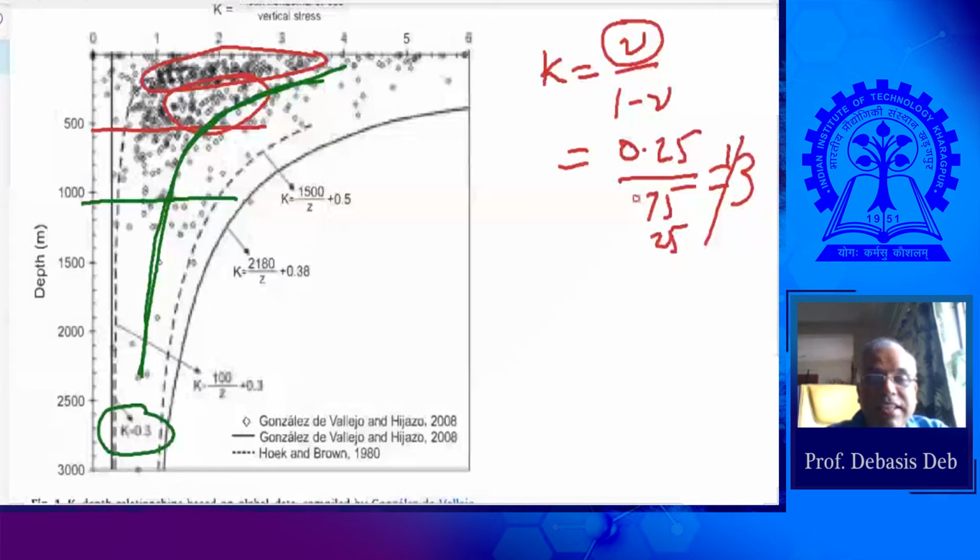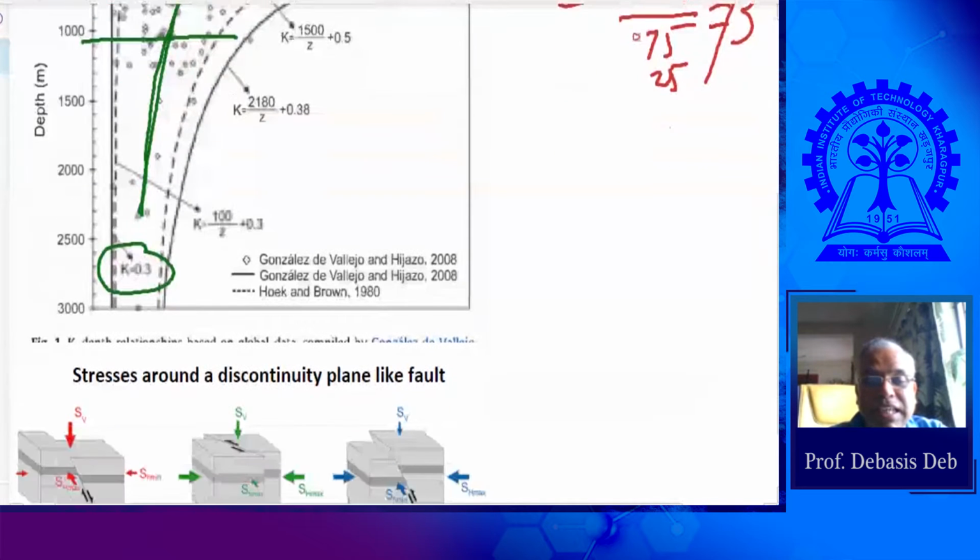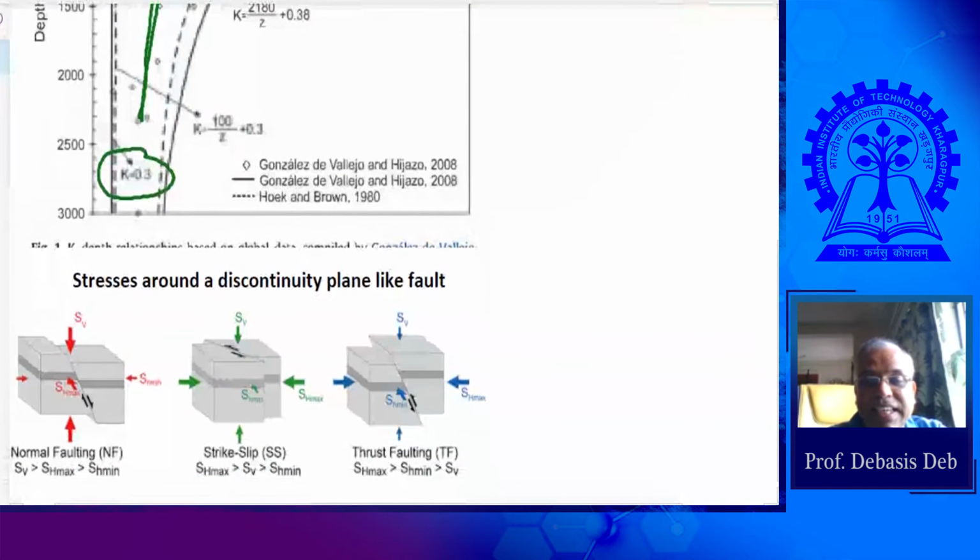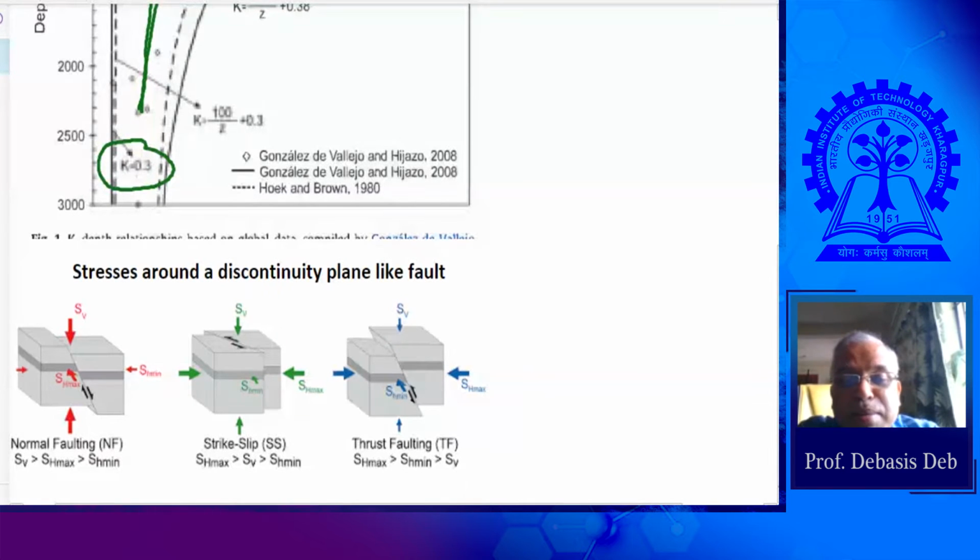Now we are in a stress field, something like that. Now I'm not sure whether Professor Verma has shown you how the stresses look in the field if there is a fault. Do you know what a fault is already from geology?